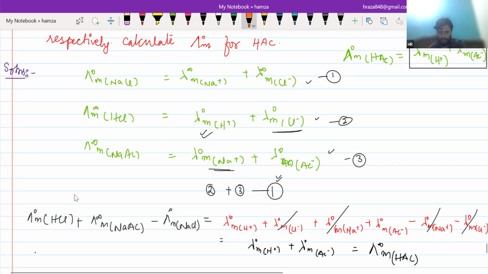So the value for HCl will be 425.9 plus NaAc, the value of the third, will be 91, minus 126.4, and you got your answer, that is 390.5 Siemens centimeter square per mole. This is how you did it, Sneha.